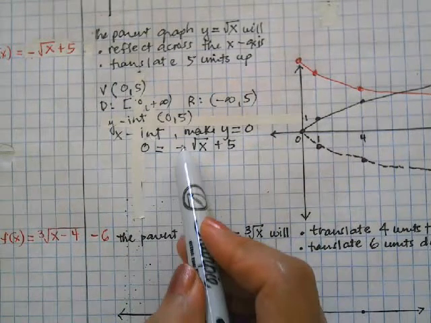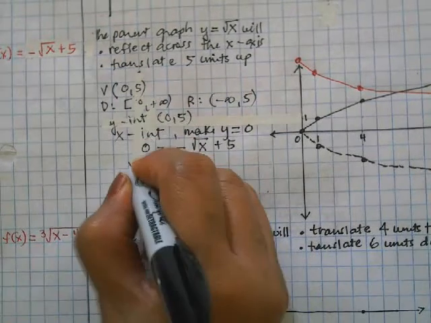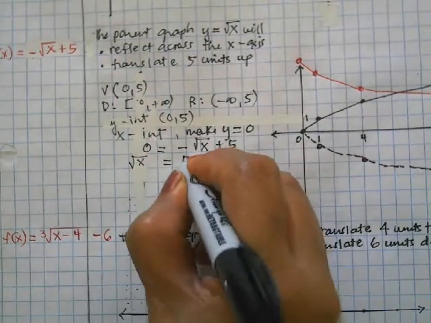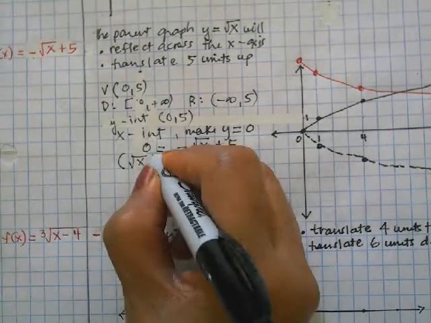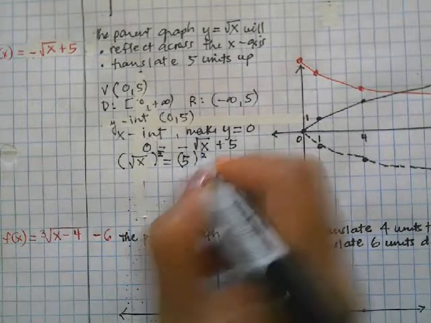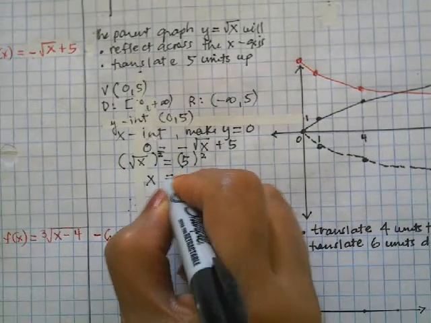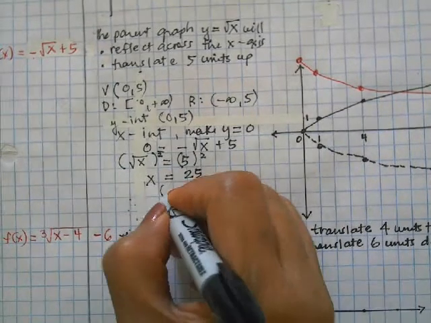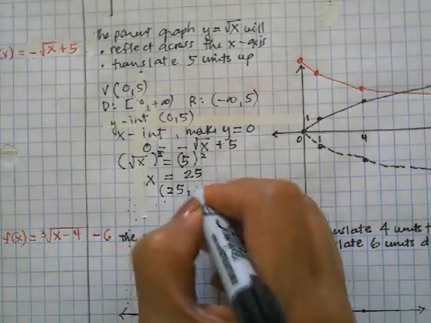I will put this on the other side and it will turn positive, and then I will just square both sides. So x now is 25. Your x-intercept will be at 25, 0.